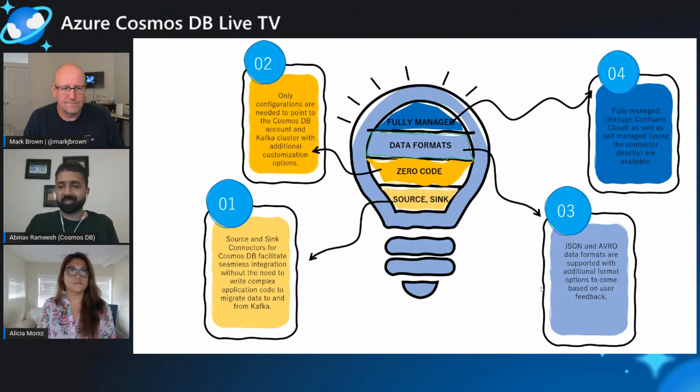And Avro just makes life easier because it's a single format that every downstream application can pull from, right? And this is fully managed. So we'll walk you through a demo that Alicia is going to walk through in a bit and really just show you how easy it is to run this through Confluent and hook the whole thing up end to end.